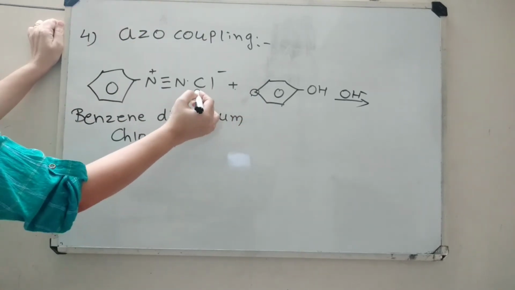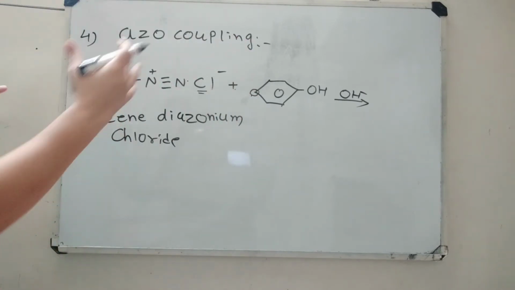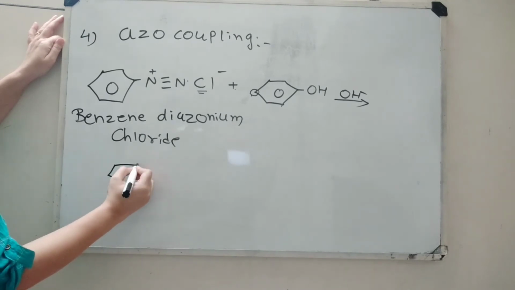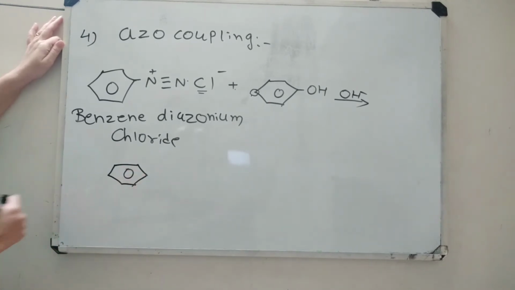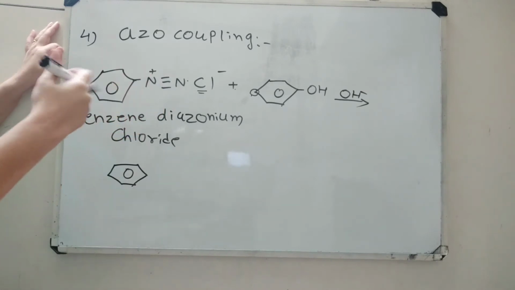That hydrogen combines with this Cl, so the byproduct is HCl. Whatever is left, we just have to join. So it's a benzene ring. We are adding something, so this triple bond is removed to form a double bond.